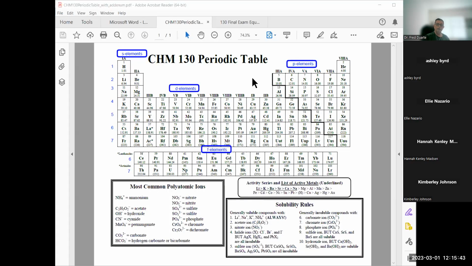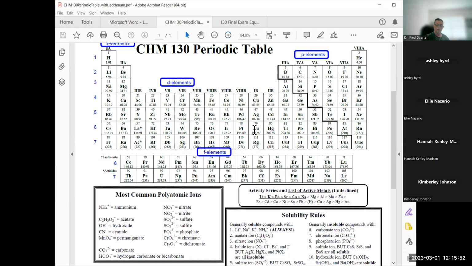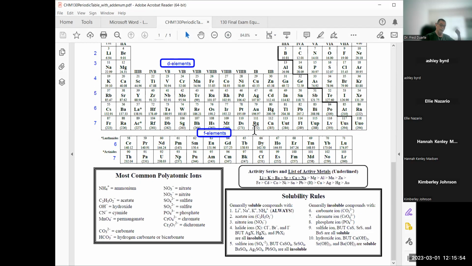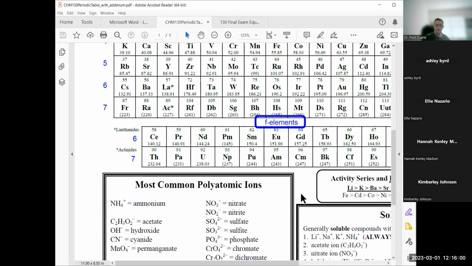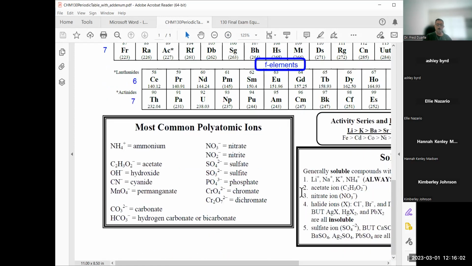From the periodic table, you will find down in the bottom left corner another table within the periodic table, labeled most common polyatomic ions. We're going to use these quite a bit. Now, what they are is ions. They have a charge on them.